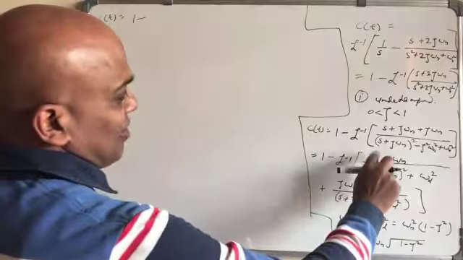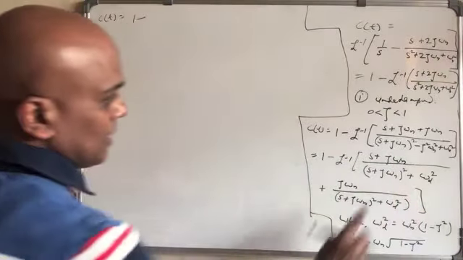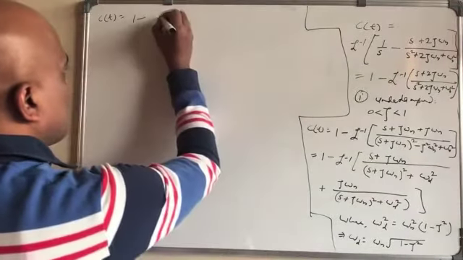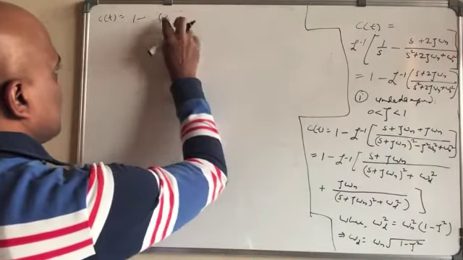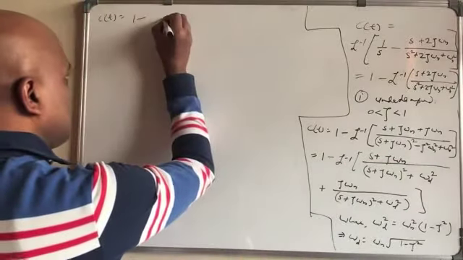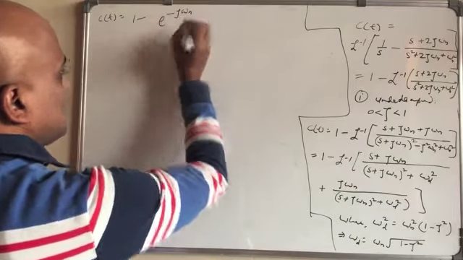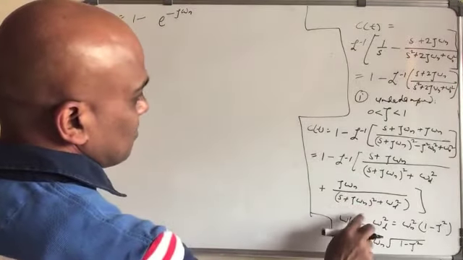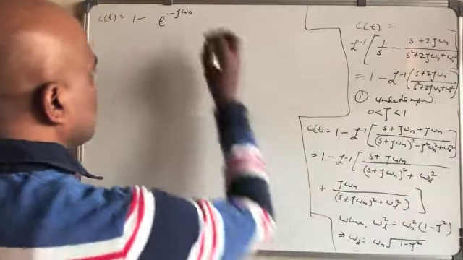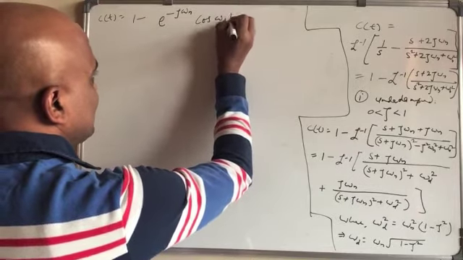So Laplace transform of S plus zeta omega n over this one. This will give you the value of cos. You have S plus zeta omega n terms, so you have e to power minus zeta omega n t multiplied by this S over, so that's why you will have cos omega d t.